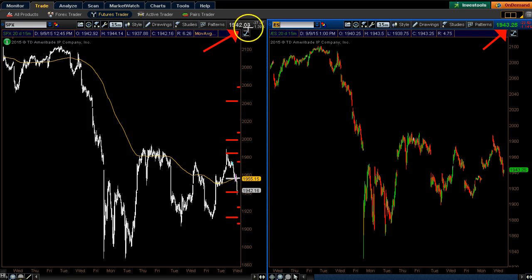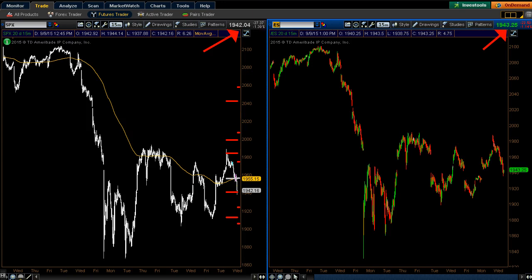One of the differences is we're coming up to the September expiration, and with September expiration coming up, these two numbers will be identical come the day of expiration. They become the perfect trade.